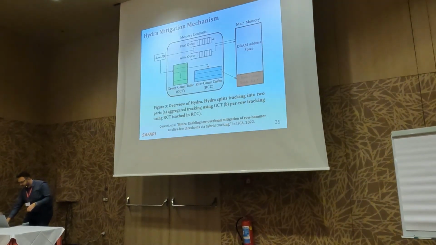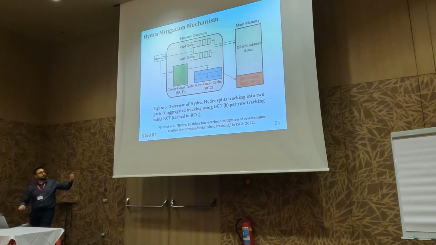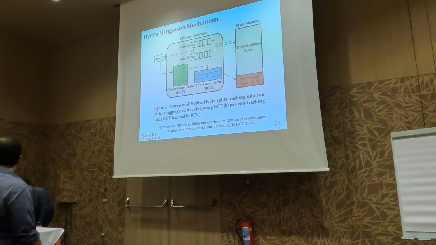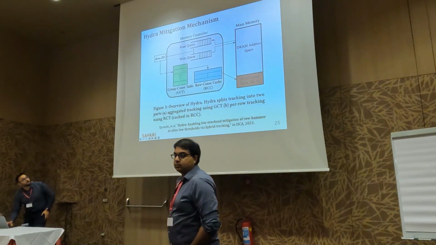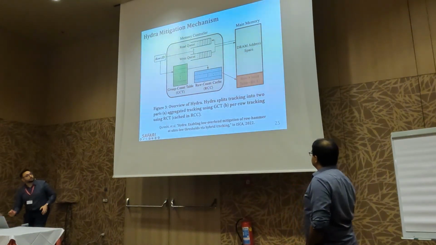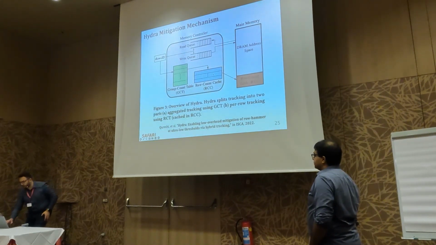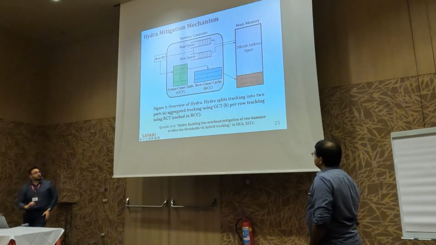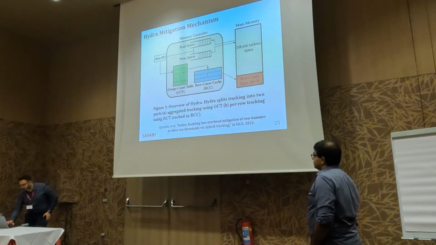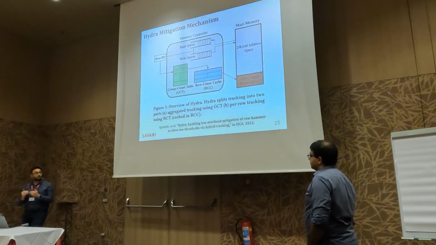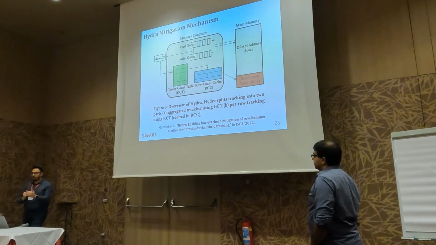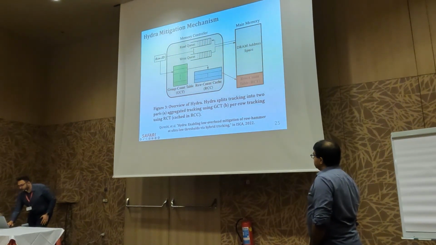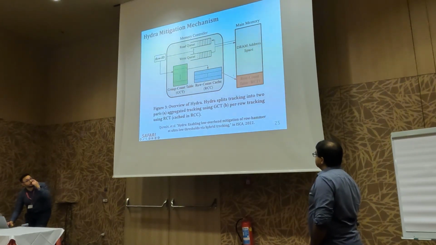So the reason is that this is the Hydra mechanism proposed by Qureshi et al. in ISCA 2022. How this mechanism works is that you have some counters implemented in the memory controller, and there is a counter cache here, but you put all the row activation counters inside the DRAM chip. So what happens when we go to very low thresholds is that the dominating factor of the performance overhead is not performing the preventive refreshes, but the data communication, fetching these counters to this cache.